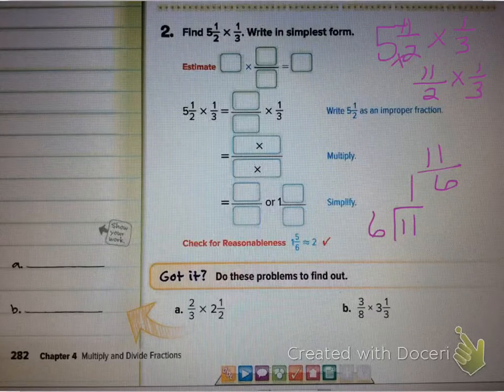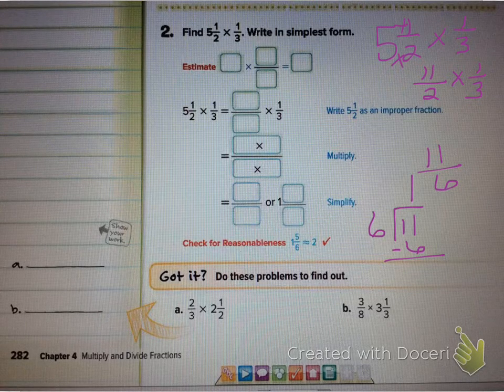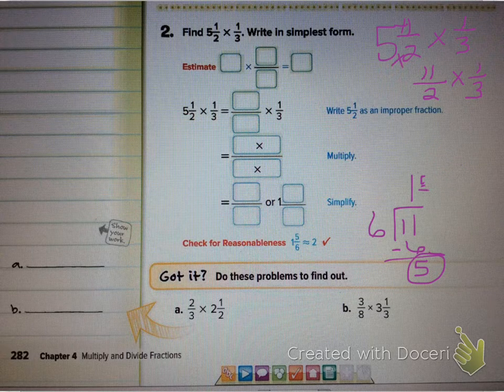6 goes into 11 one time, gives us 6. Subtract, we end up with 5 left over. Whatever is the number remaining becomes our numerator. Our denominator does not change. It stays the same. Okay, so we end up with 1 5/6.